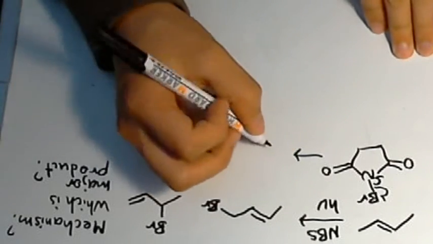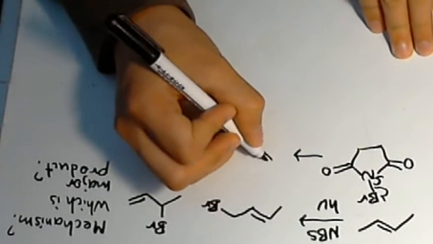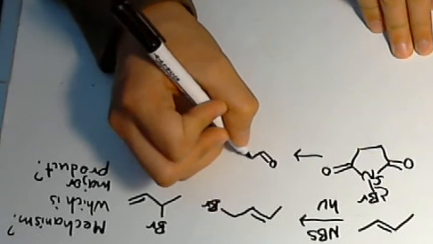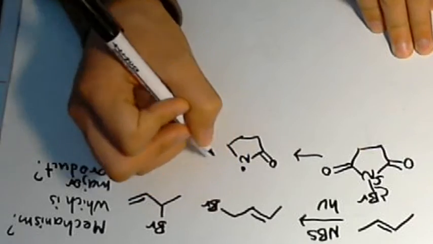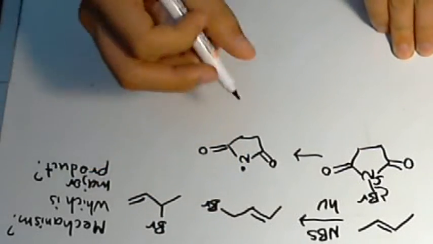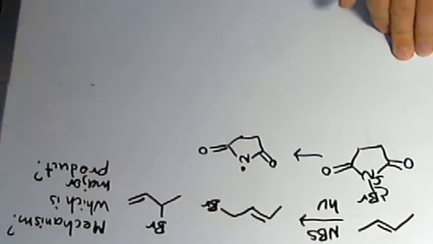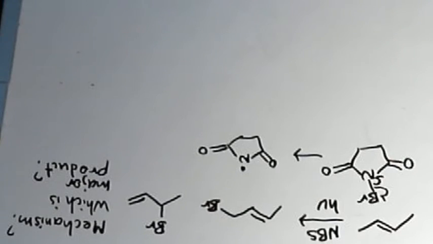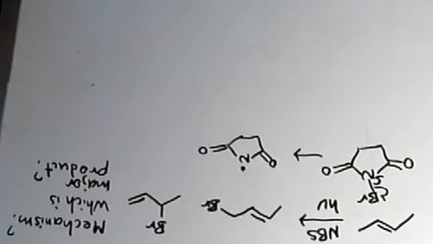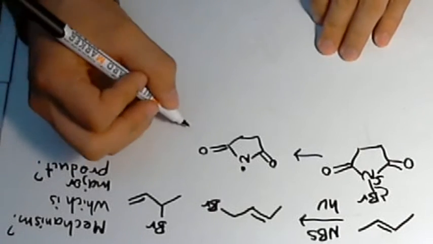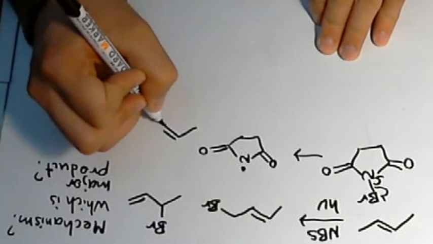So when we do that, we form this radical and a Br dot radical. Well, I want to focus on this radical first because this is what's actually going to react with our alkene.